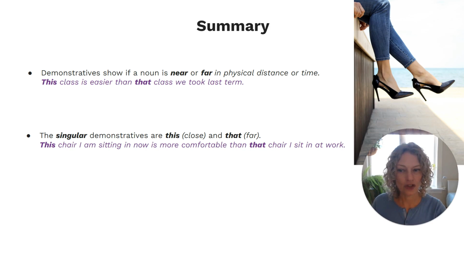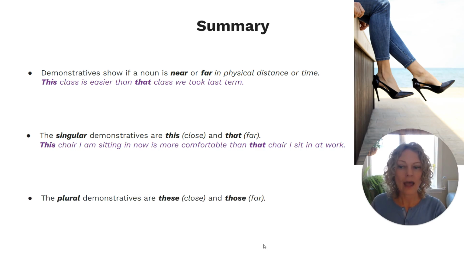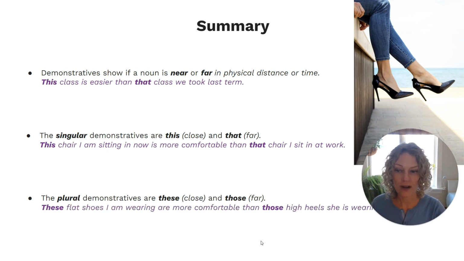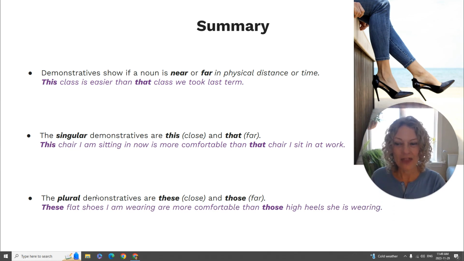As in, this chair I am sitting in now is more comfortable than that chair I sit in at work. The plural demonstratives are these, which means close, and those, which means far. As in, these flat shoes I am wearing are more comfortable than those high heels she is wearing.